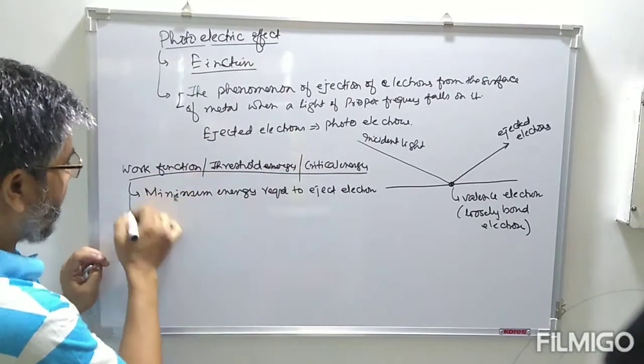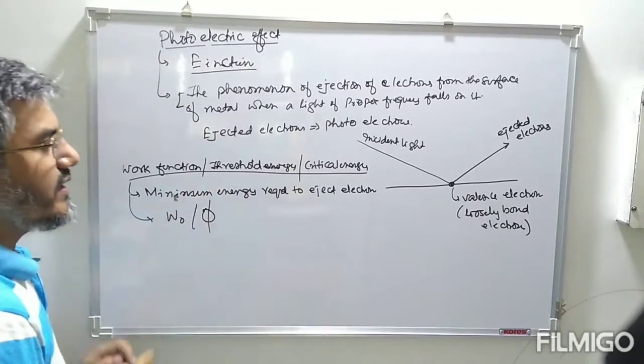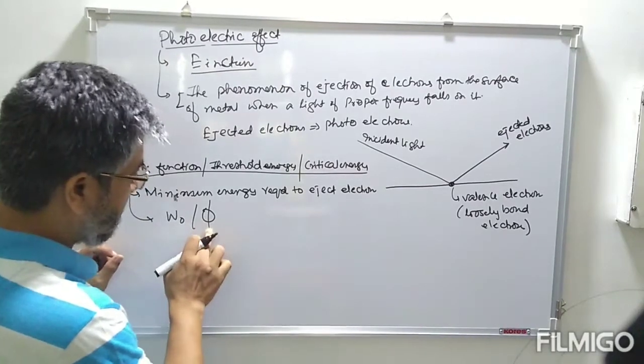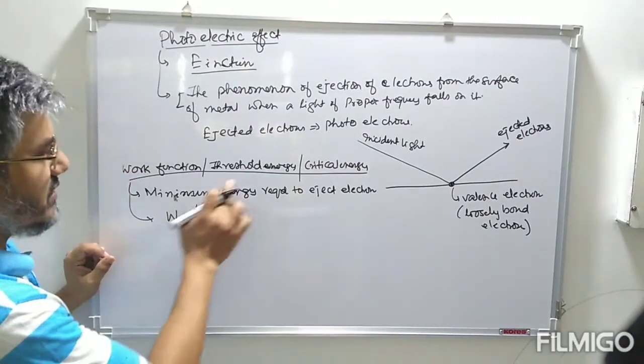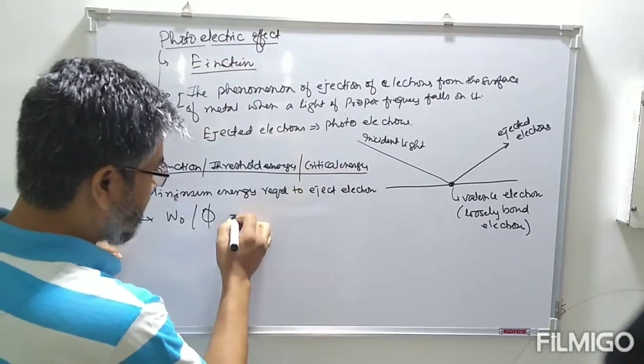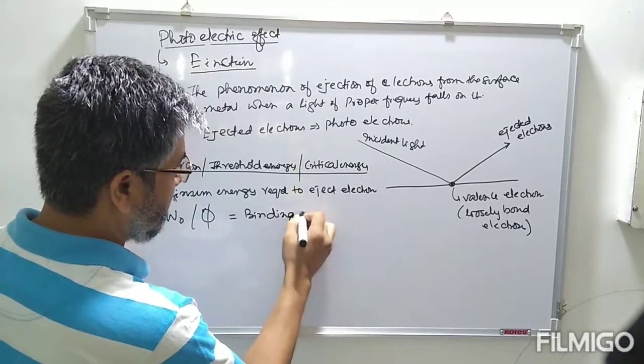So we have this work function. Sometimes this work function is denoted by W naught or sometimes by phi. So this work function, or the minimum energy or the critical or threshold energy, is equal to the binding energy of electron.